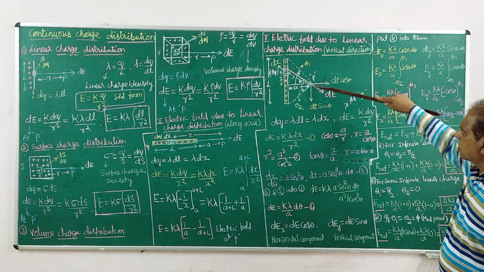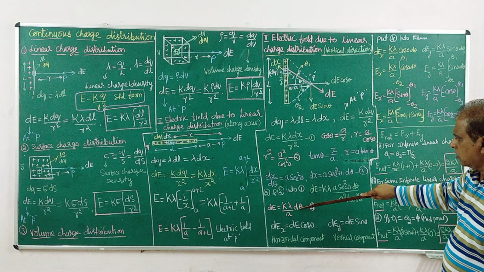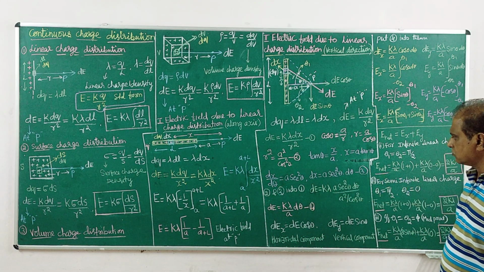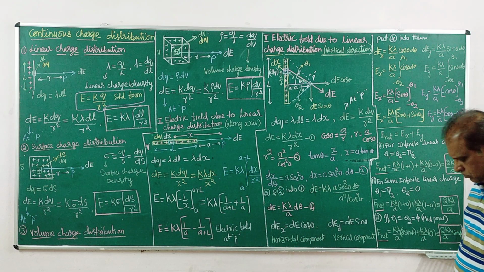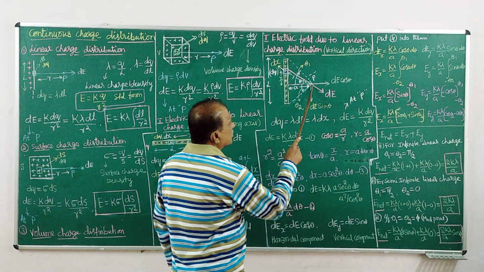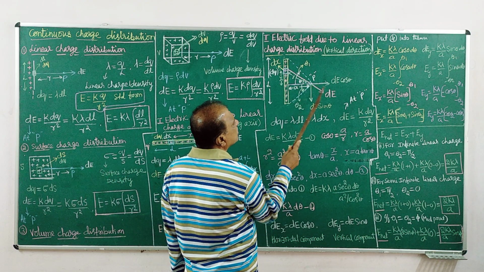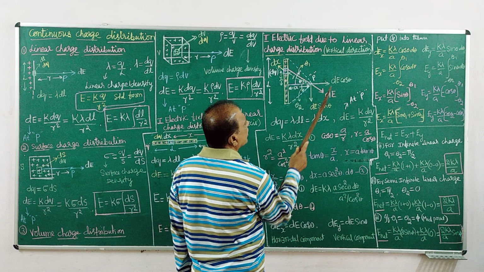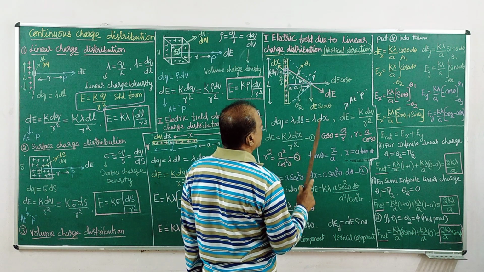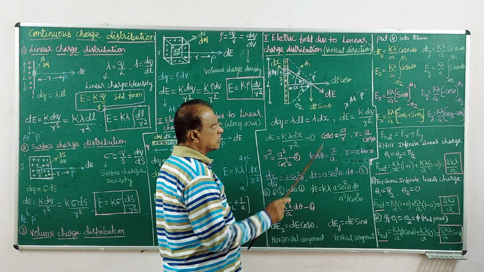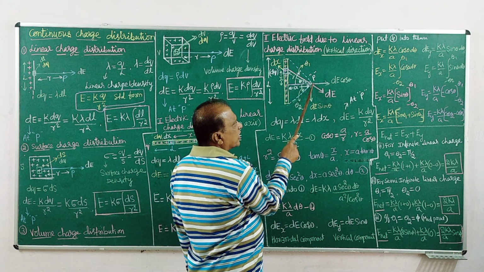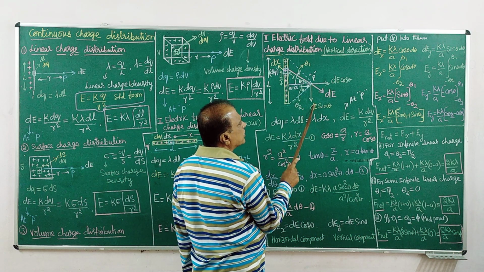So this is a vector. The magnitude of this vector at this point is this. But you have to resolve this vector into two different components, that is horizontal component and vertical component, because the net electric field is the vector sum of these two components.